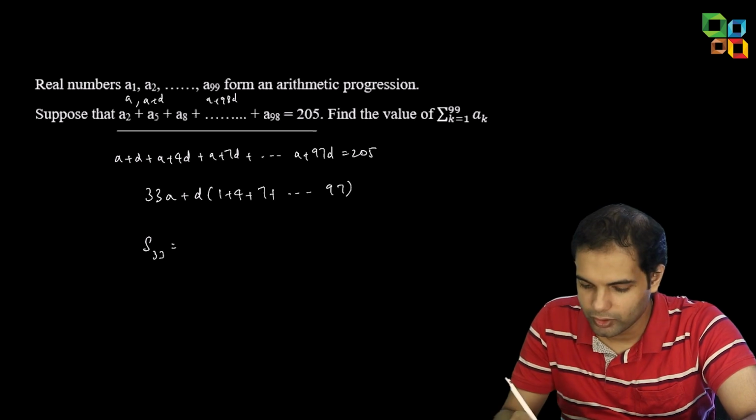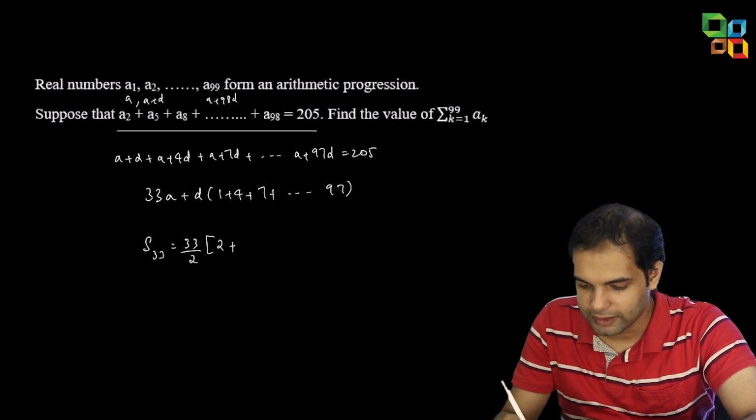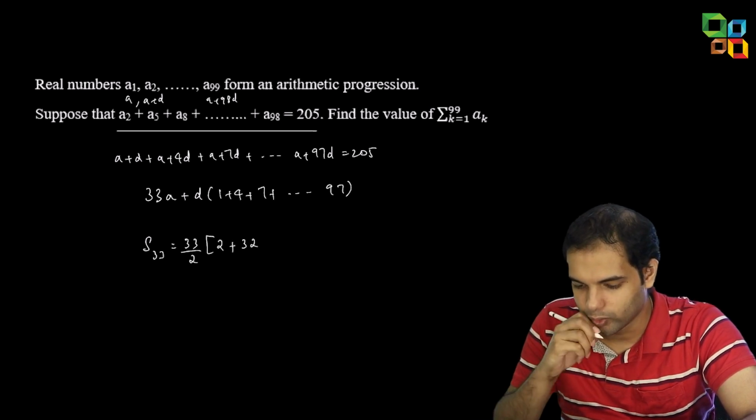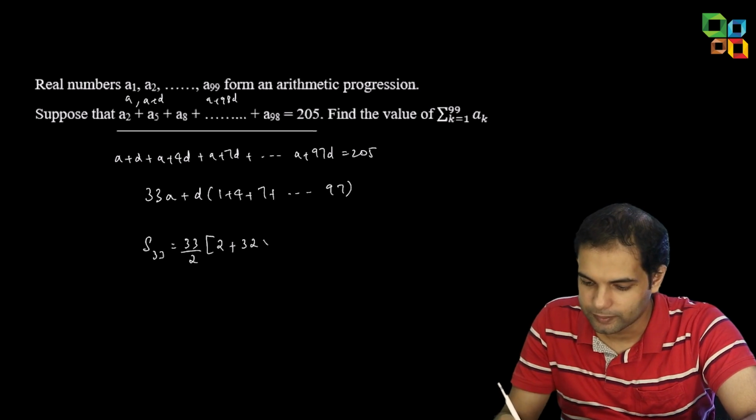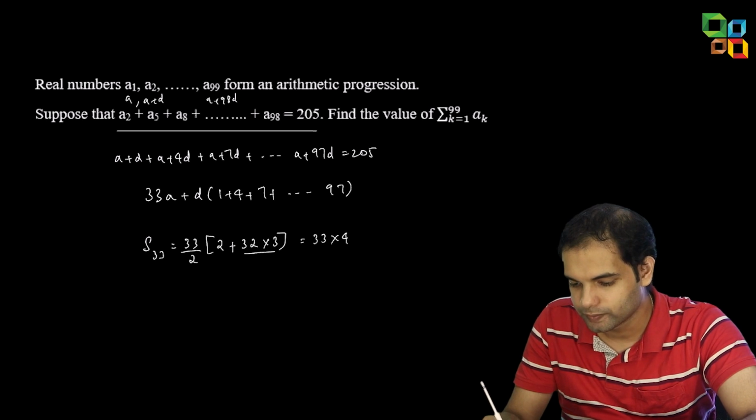It is 33 divided by 2 into 2 into A, which is 2, plus 33 minus 1, which is 32, into D, which is 3. So 32 into 3 is 96. 96 plus 2 is 98. 98 divided by 2 is 49. We'll just multiply 33 by 49.